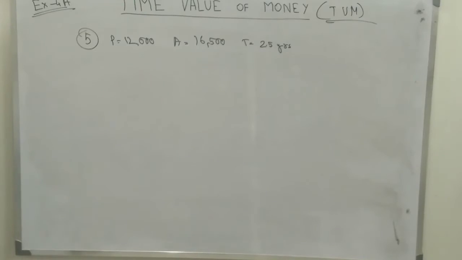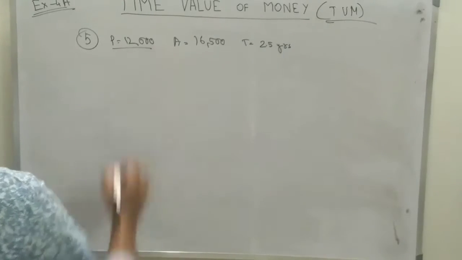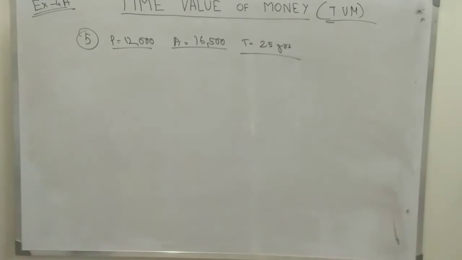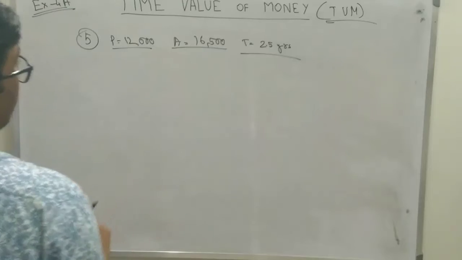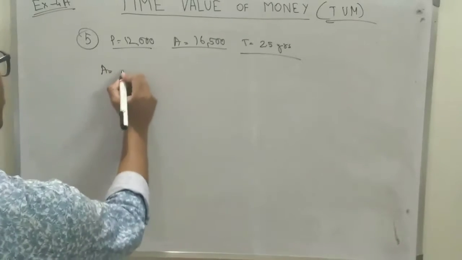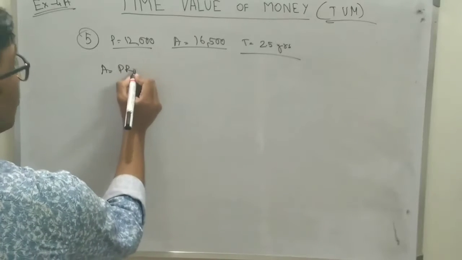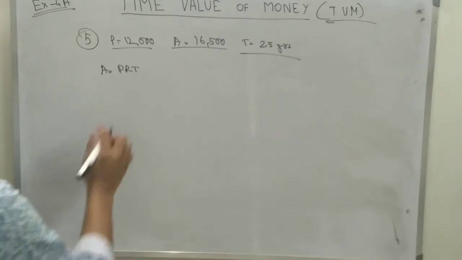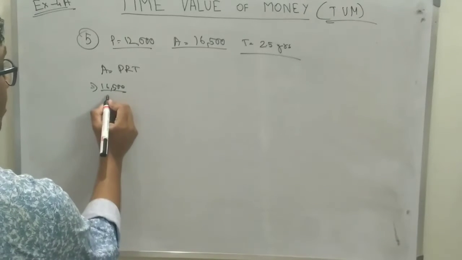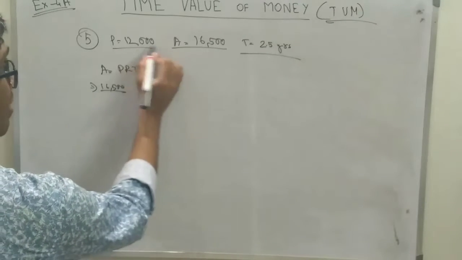See, this is question number 5. You are given P as 12,000, A as 16,500, T as 2.5 years. Now there's a trick in the question. It's very simple, but still there's a trick. Many students do like this: A is equal to PRT, but no. If you do like that, you will get 16,500 by 12,000 PRT.